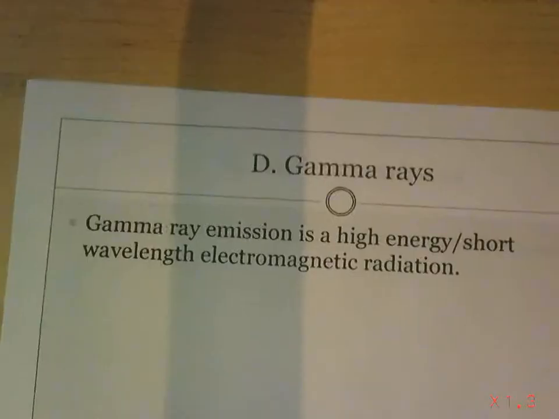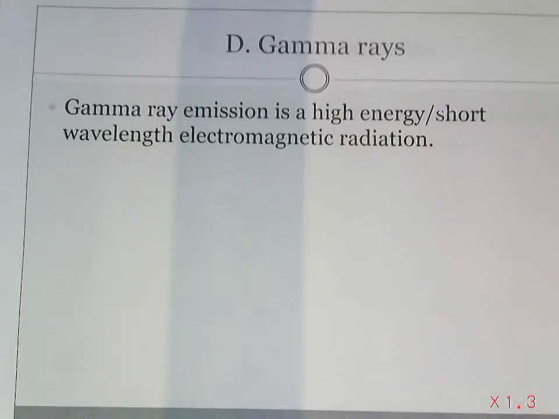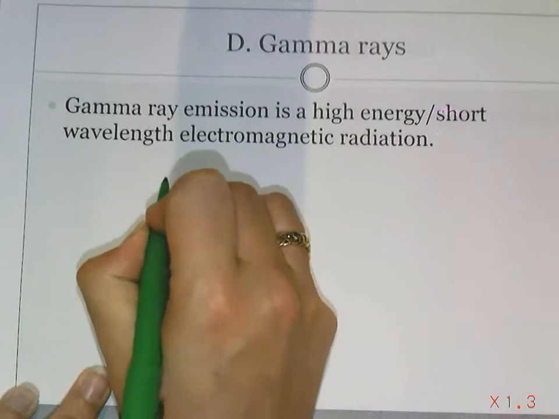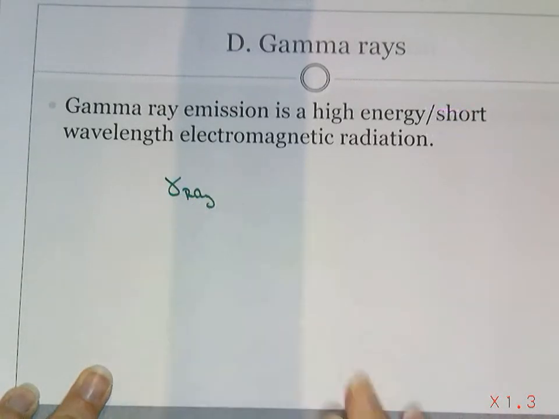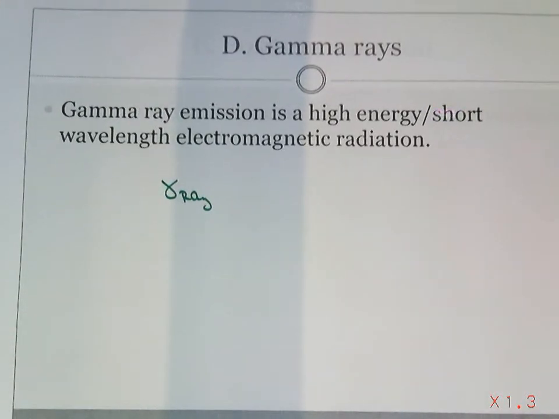Okay, the last thing we're going to do in this chapter today, and we'll do the rest after our exam, is gamma rays. This is a high energy, short wavelength electromagnetic radiation that's being emitted. So it's technically a gamma ray, not a gamma particle.